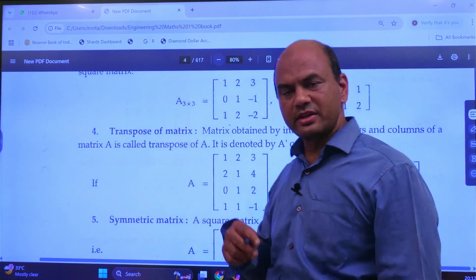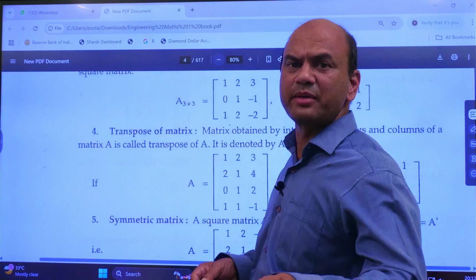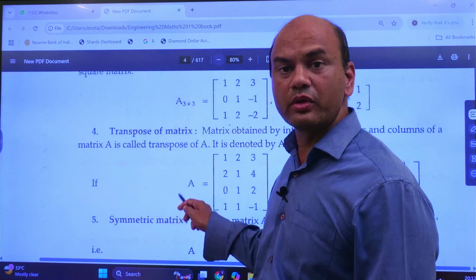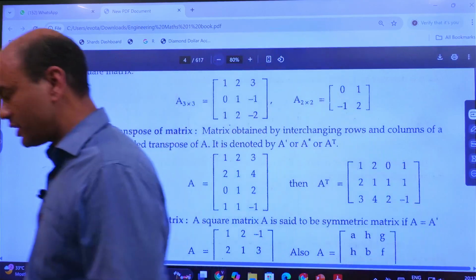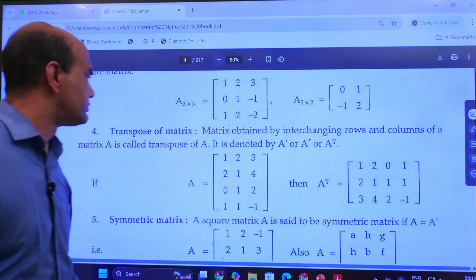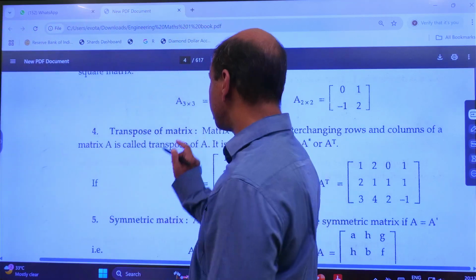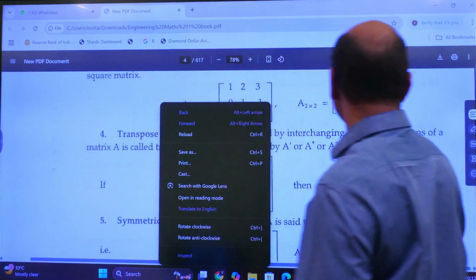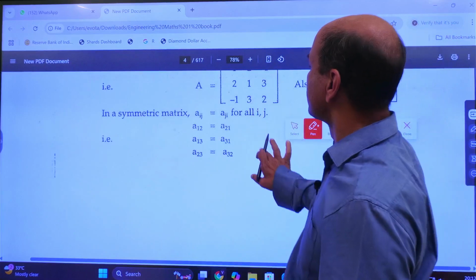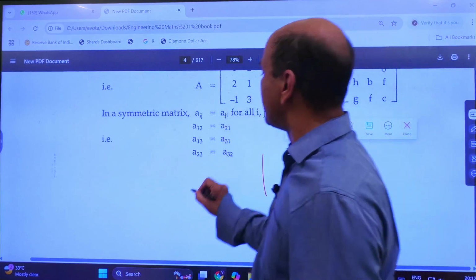Now you tell me, everyone, take pen and paper in your hand. How do you write A over here? How many rows, how many columns? I want the order of A. How will I write this A?